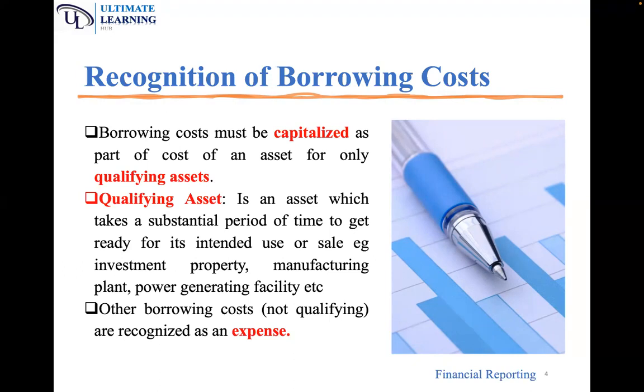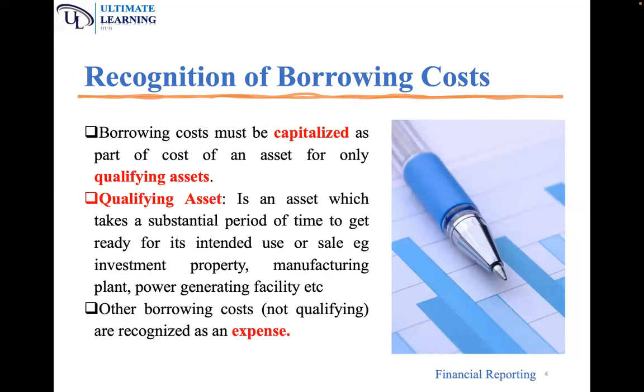An asset which takes a substantial period of time to get ready for use. In other words, an asset that if you are constructing, it will take you a significant period of time. The standard does not dictate the period, but anything in excess of 6 months is a significant period of time.